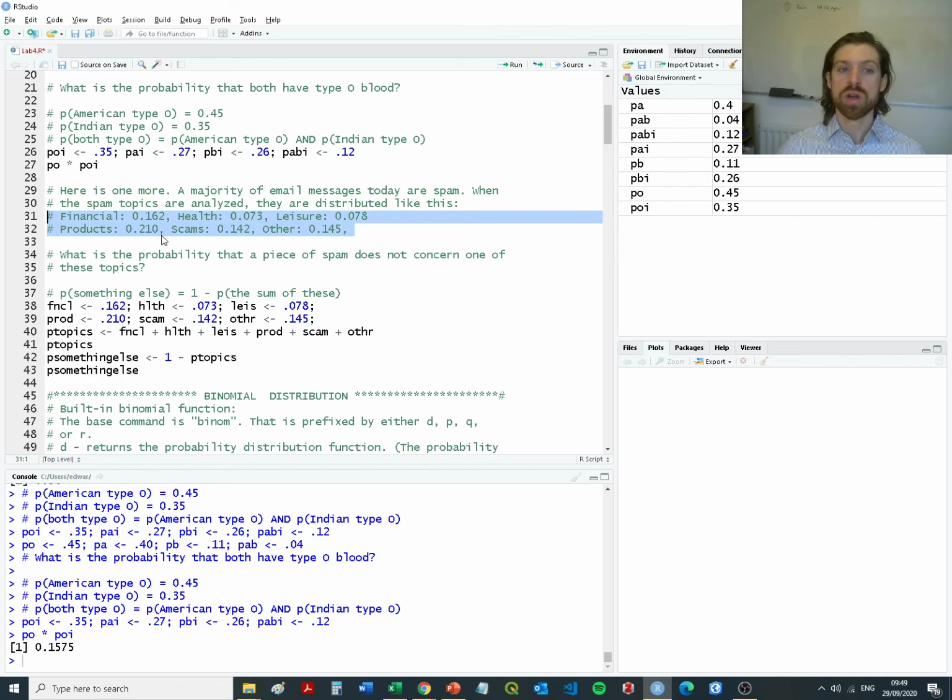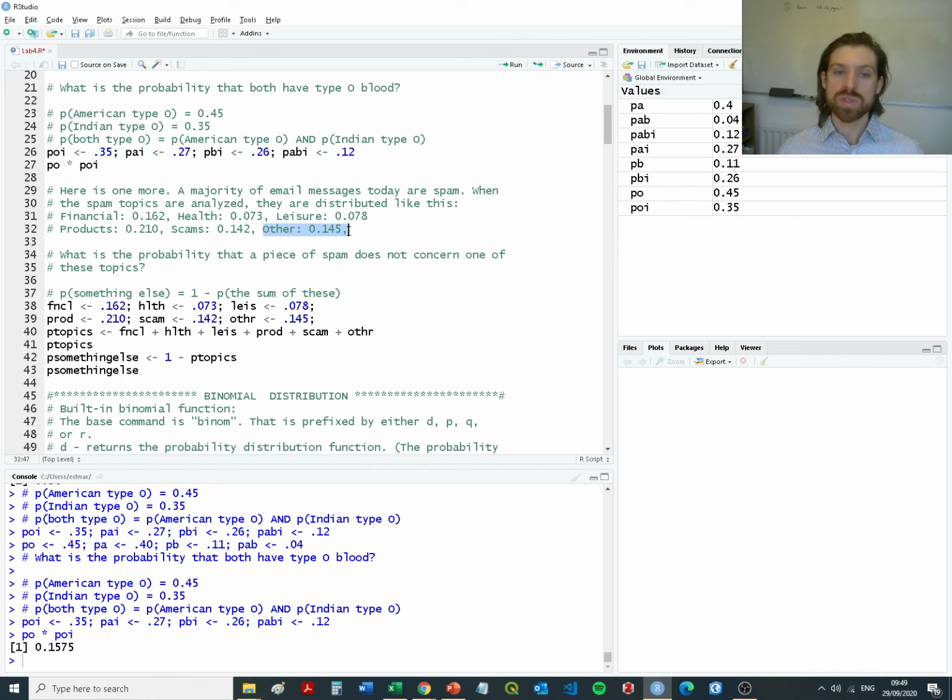And actually, if you were to analyze a lot of the composition of the emails that come through, then you might see that maybe 16% are based on some sort of financial advertisement, 7% is based on health, about 7% is also based on spam relating to leisure, 21% relating to spam related for different products that maybe people are trying to sell, and then 14% based on essentially scams or malicious content sent over the internet.